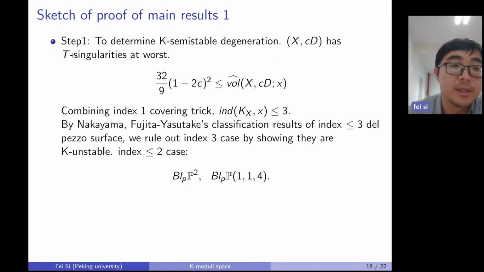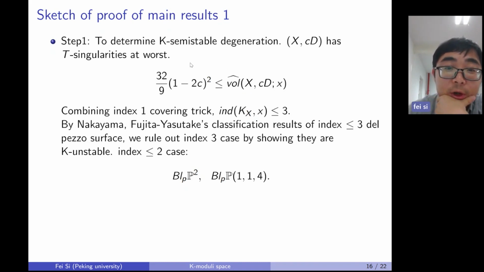Here, T-singularity means that KLT singularities that can be smoothed. Then we can use a very powerful tool from K-moduli theory, that is normalized volume.